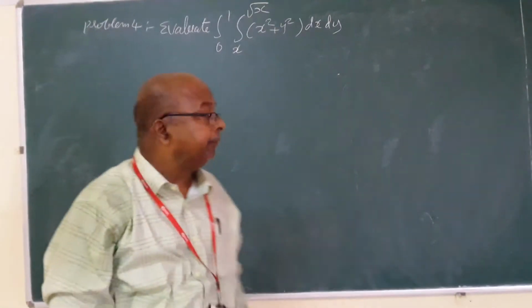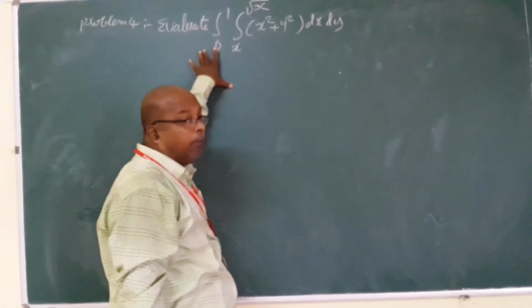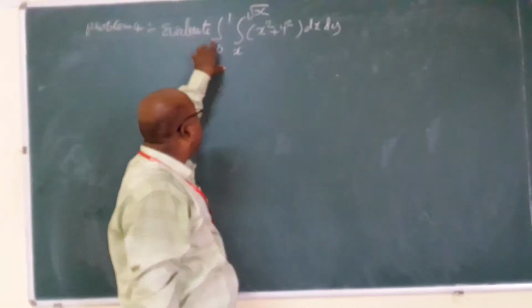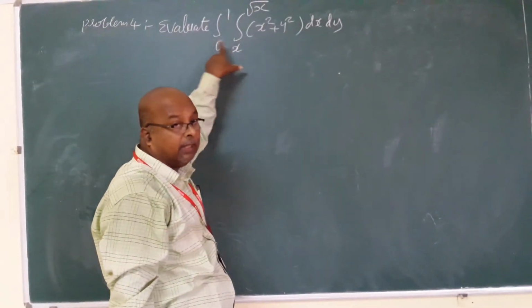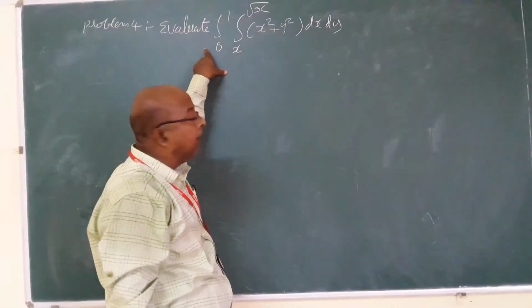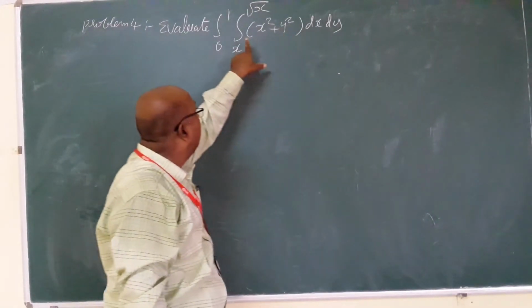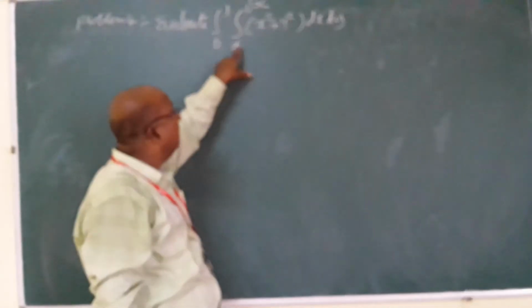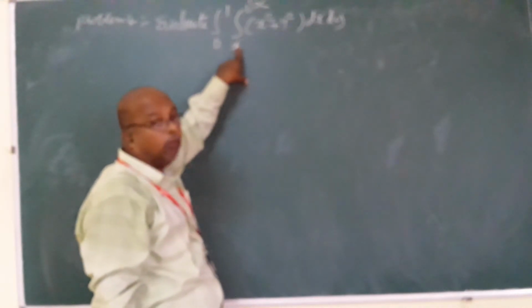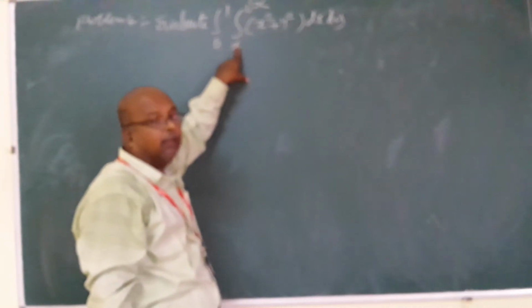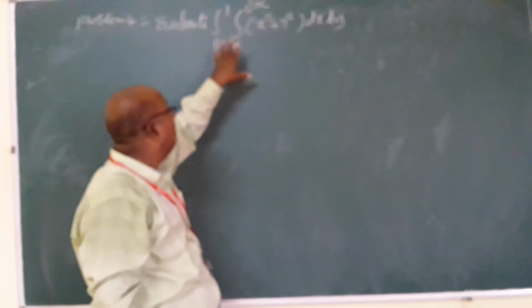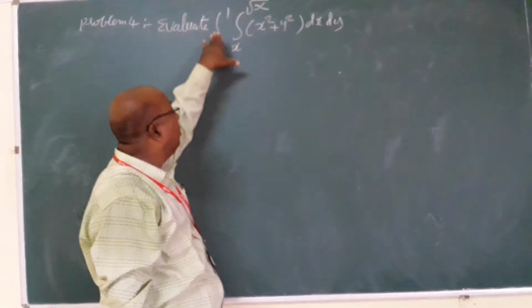Observe carefully, this is your problem. In this, actually, this is the first integral and this is the second integral. In the first integral, x to root x values are there, x values are there. Here 0 to 1 is there.